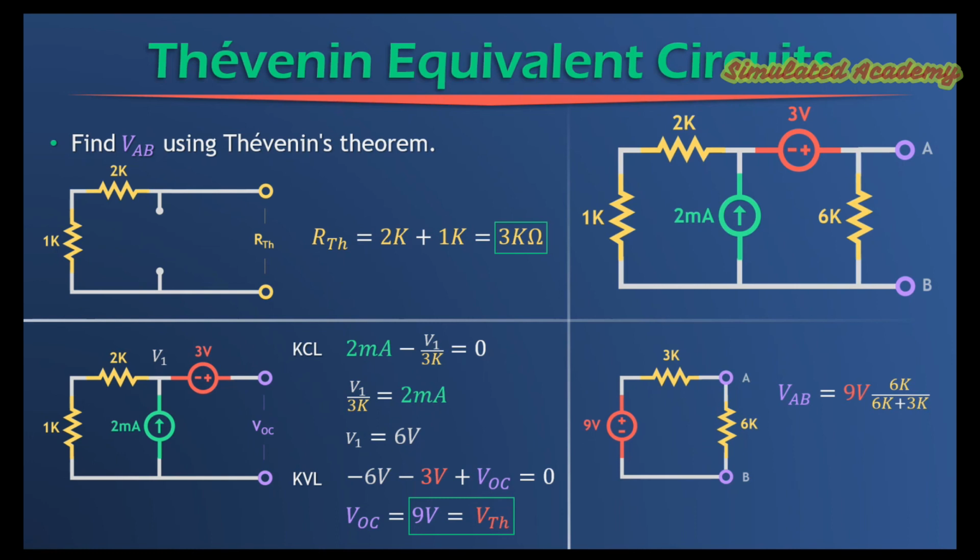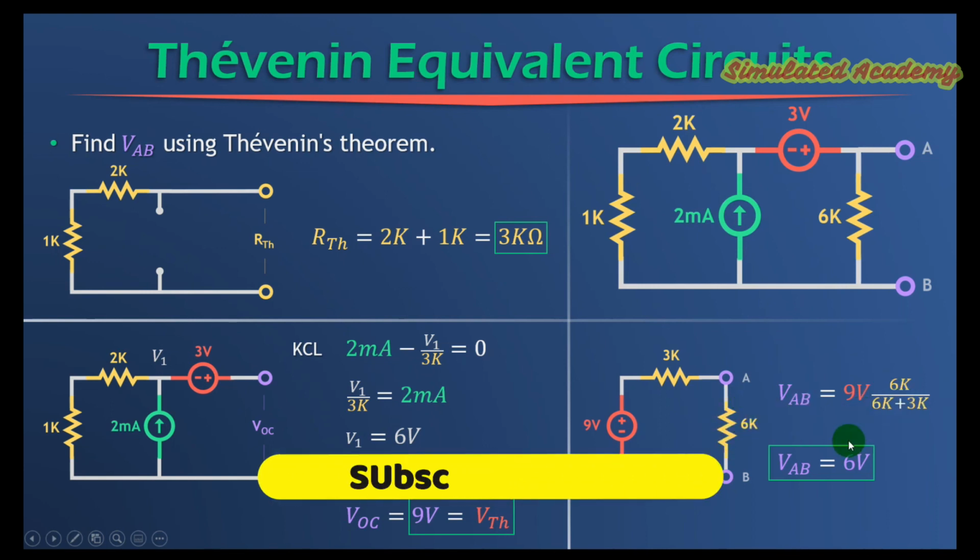The voltage divider rule says that the voltage across resistor R is found by dividing that resistor by the equivalent circuit. That is my 9 volt source, 6 kilo ohm is this resistor across which I want to find the voltage, and this is the equivalent resistance. That is what I get, 6 kilo ohm.